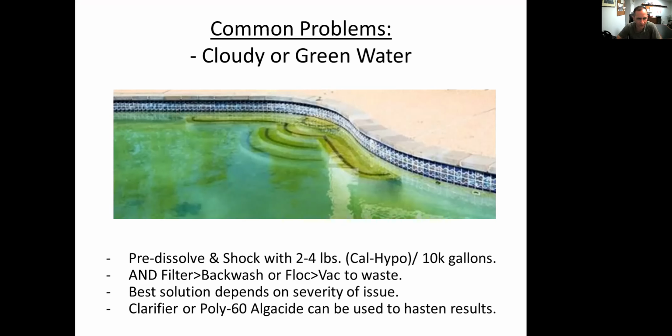In certain situations, you might also want to use a clarifier, which will coagulate particles. But instead of dropping them to the bottom, the goal is that you run the filter system, and it'll help the filtration take those things out of the water quicker than filtration alone. And Poly 60 algicide is another similar chemical.